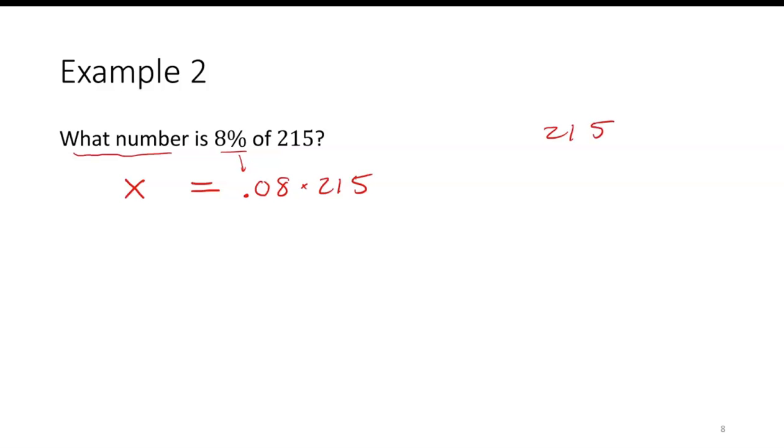So let's do that on the side here. 8 times 5 is 40. Then 8 plus 4 is 12. Then 8 times 2 is 16, 17. And I need to move the decimal 2 places. So I end up with x equal to 17 and 2/10.